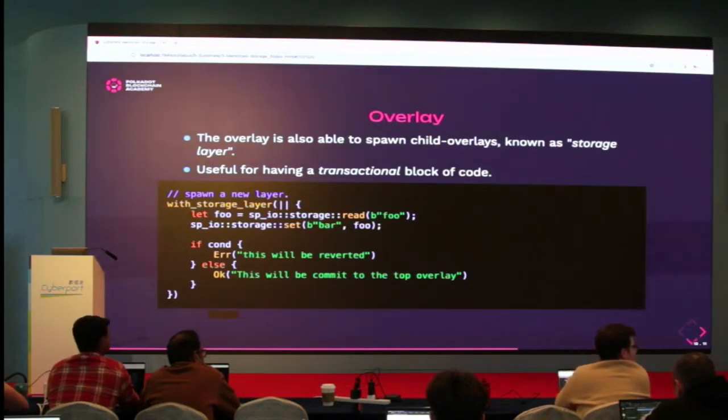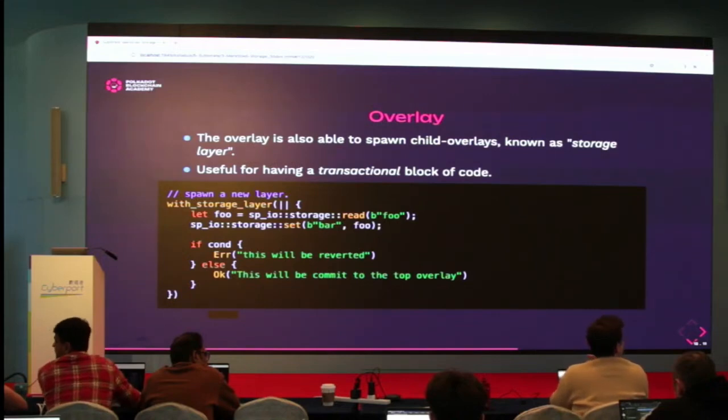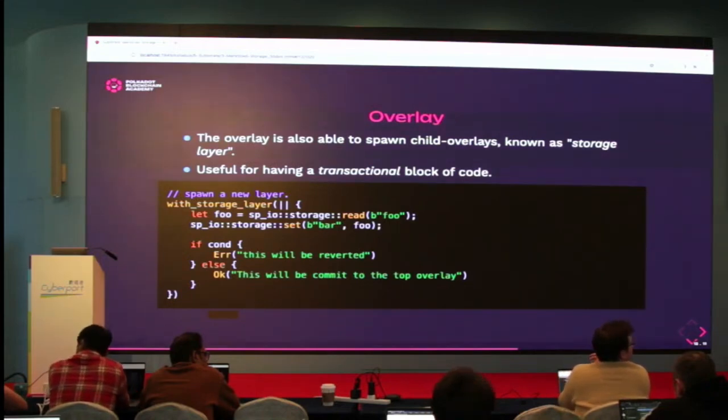Okay, in the initial state there is no cache, right? Only the trie in the database. I have a key named ratio, and the value is 20. If I query, the 20 will be cached in the overlay. Next time I query the ratio key, I'll just get my 20 from the overlay change set.